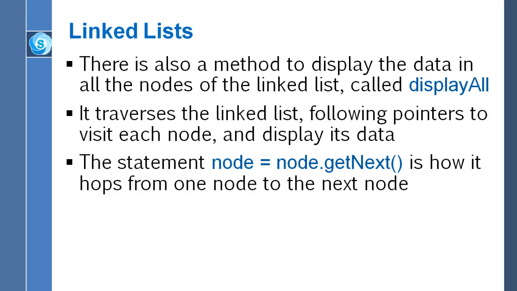So node.getNext is going to be the next node, and this statement then copies that into the variable node. That changes node, and the effect is that we're no longer visiting the node that we were visiting. Instead, we've moved on, and we're now visiting the next node.